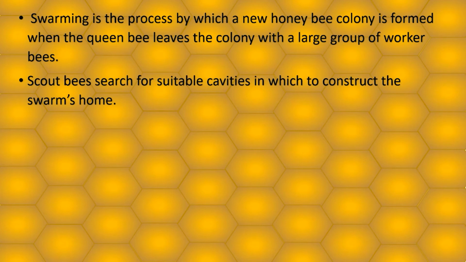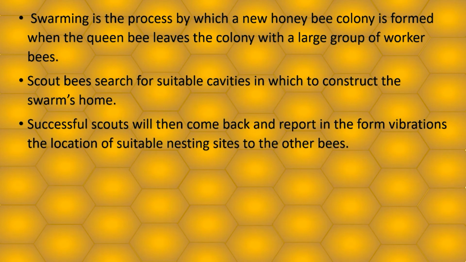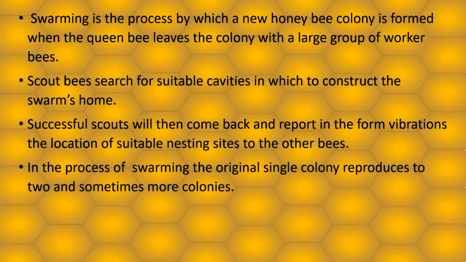The successful scouts will then come back and report in the form of vibrations the location of suitable nesting sites to the other bees. In the process of swarming, the original single colony reproduces to 2 and sometimes more colonies.